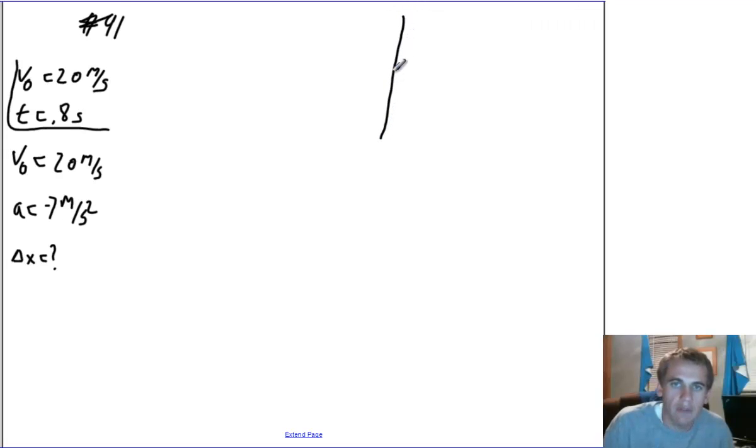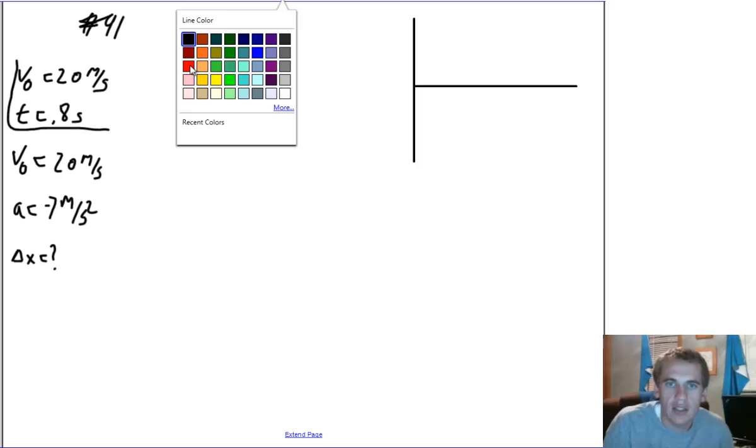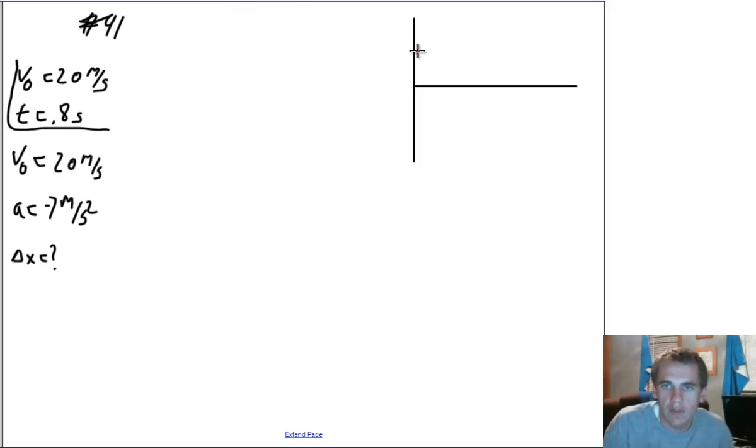Okay. If we were to take a graph, if we were to actually think about the graph of this motion, and I'm going to do a velocity time graph, okay, for the first little bit, she is cruising along, and she's got a constant velocity of 20 meters per second, okay, for 0.8 seconds.